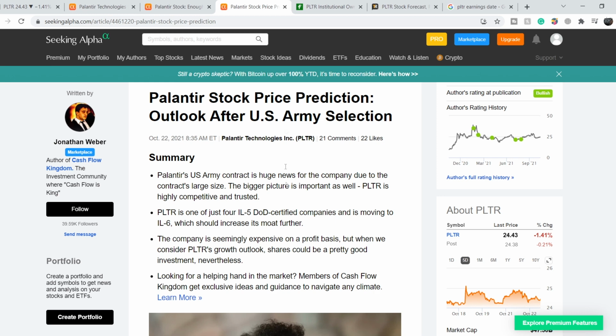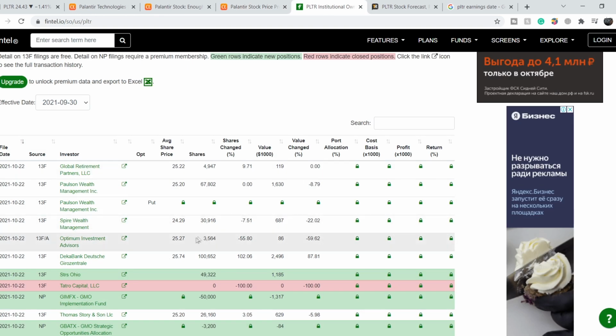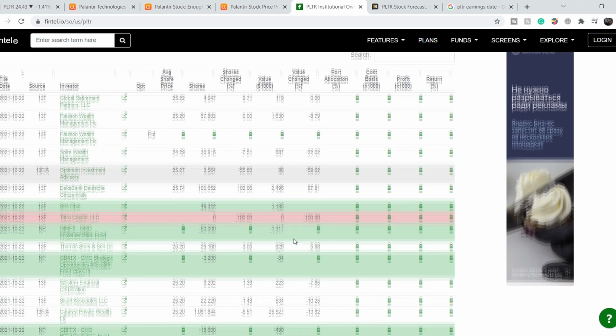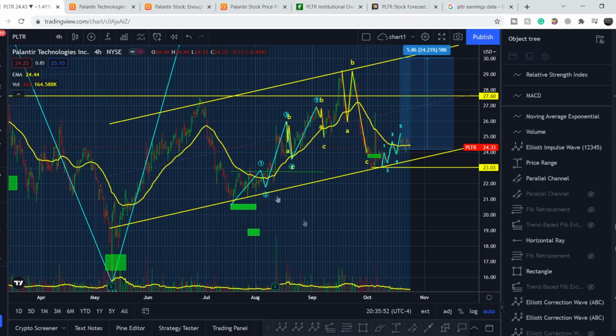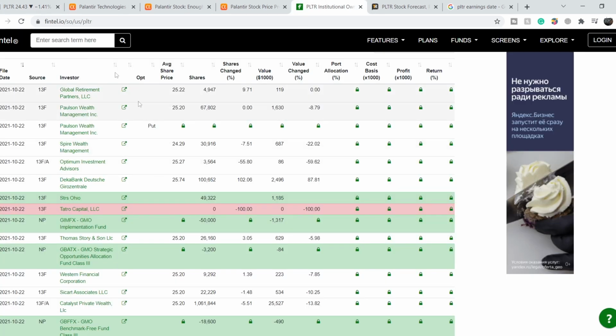So, let's continue with the institutional owners of this company. For now, we don't have much action right here, because Palantir during the last several weeks has been moving pretty much sideways. And I have to say that these filings have a delay of at least 45 days.